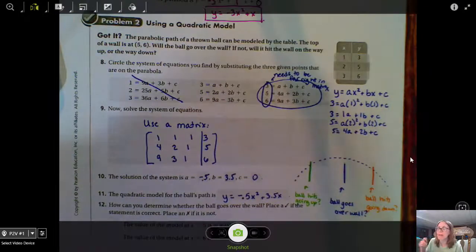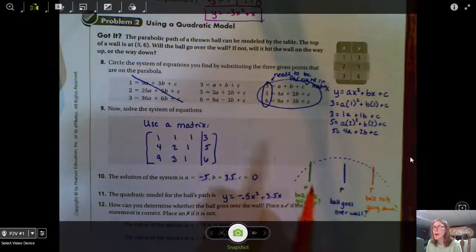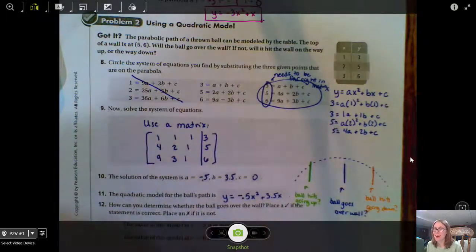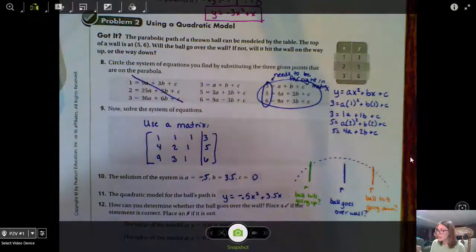Now, of course, the top of the wall is at that 5.6. Our wall isn't actually moving here, but we don't know where our parabola actually is right now without graphing.